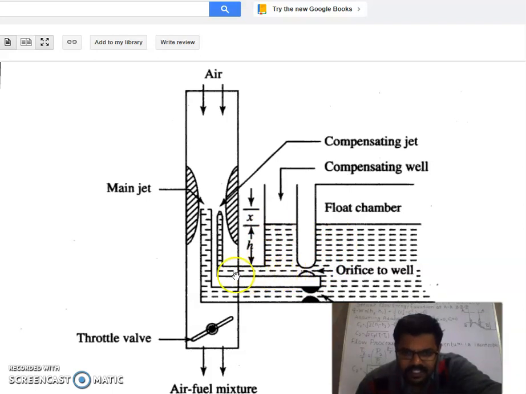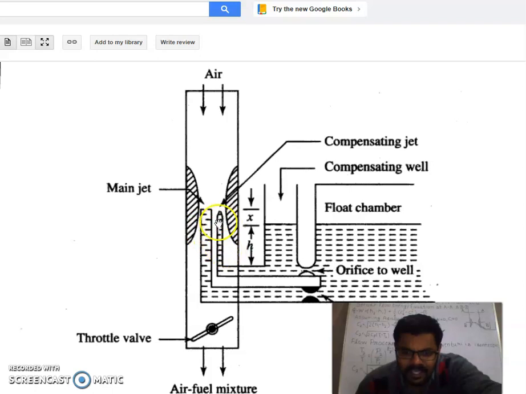So with the increase in engine speed, the fuel will go out of this compensating jet, and the rate of fuel flowing through this compensating jet to the air is more than the rate of fuel coming to this compensating well. So what I am saying is that the level of the compensating well will go down. If this level goes down with the engine speed, the amount of fuel supplied by this compensating jet will decrease.